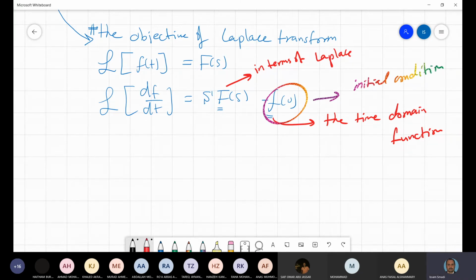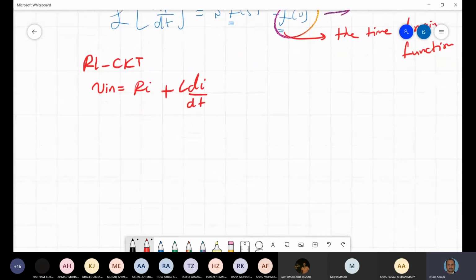So let's recall our RL circuit. It was Vn equal to Ri plus L di by dt. And let's take Laplace transform for RL circuit. So taking Laplace transform is simply state that I need to take Laplace transform for this one, and I need to take Laplace transform for this one.